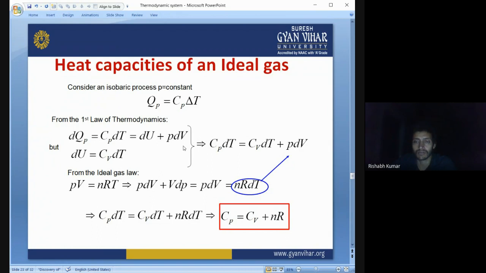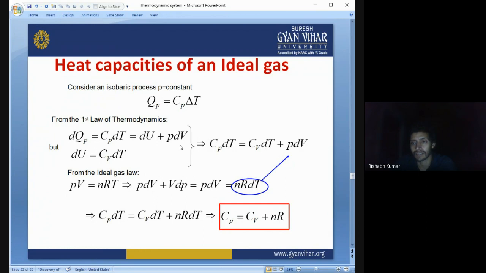So we know from the specific heat lecture that Q, the heat energy provided, is equal to n c delta T, where n is the number of moles, c is the specific heat, and delta T is the change in temperature. Here we are talking about only 1 mole, so n equals 1, and this is the isobaric process, so it is Cp.